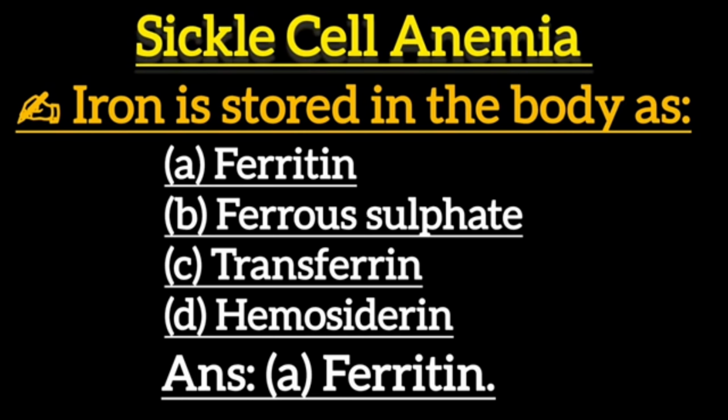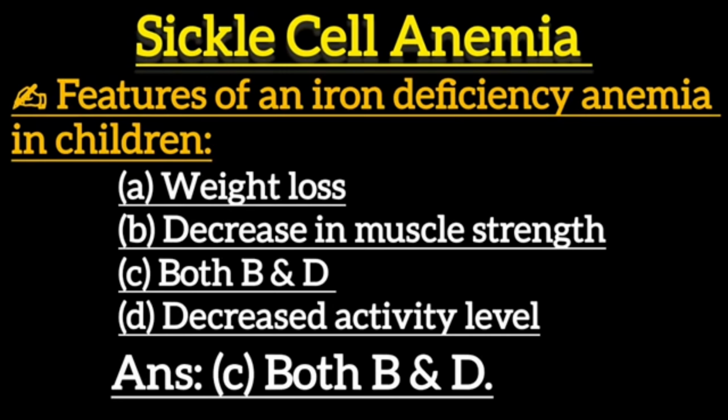Option C, transferrin. Option D, hemosiderin. Correct answer is option A, ferritin. Next one is, features of an iron deficiency anemia in children. Option A, weight loss. Option B, decrease in muscle strength. Option C, both B and D. Option D, decrease in activity level. Correct answer is option C, both B and D.